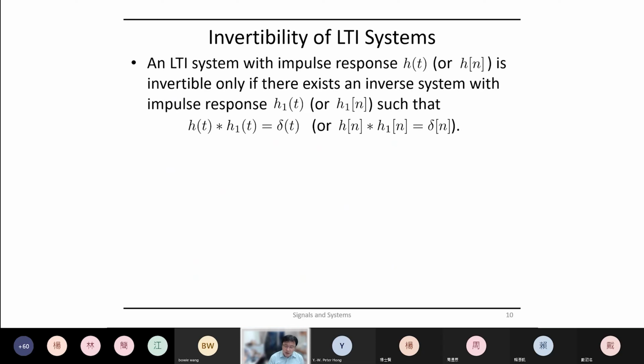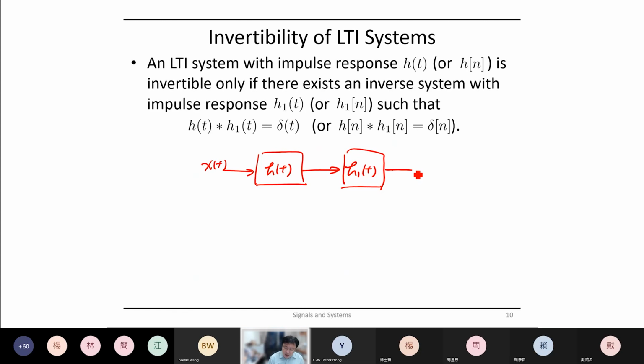Suppose you have a system with impulse response h(t), you input x(t) into this system, and you cascade it with its inverse system, let's call it h1.